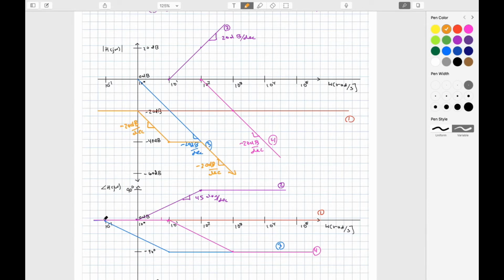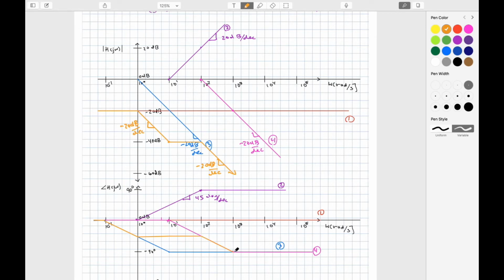I'm going to do the same approach in phase. And so in phase, before 10 to the minus 1, I have nothing going on. At 10 to the minus 1, I can start going down at negative 45 degrees per decade. Between 10 to the 0 and 10 to the 1, I have no change. Now at this point, this contribution from 3 ends, but this contribution from 2 continues, and the contribution from 4 starts, and so they cancel each other out up to this point, which is 10 to the 2.